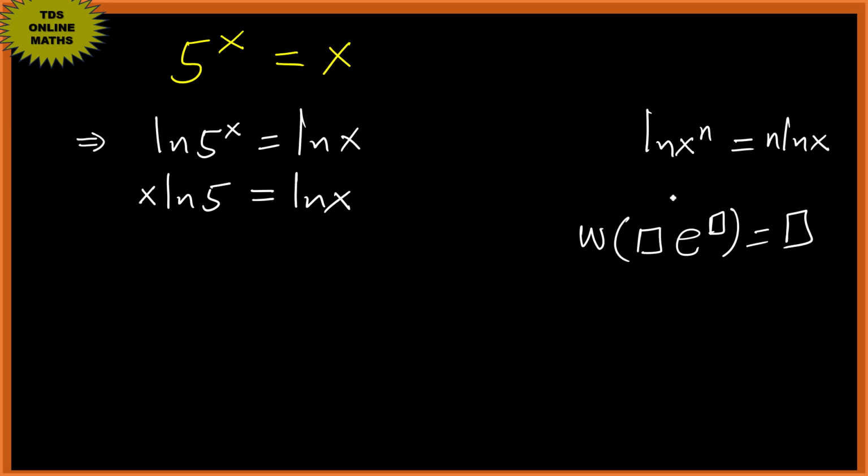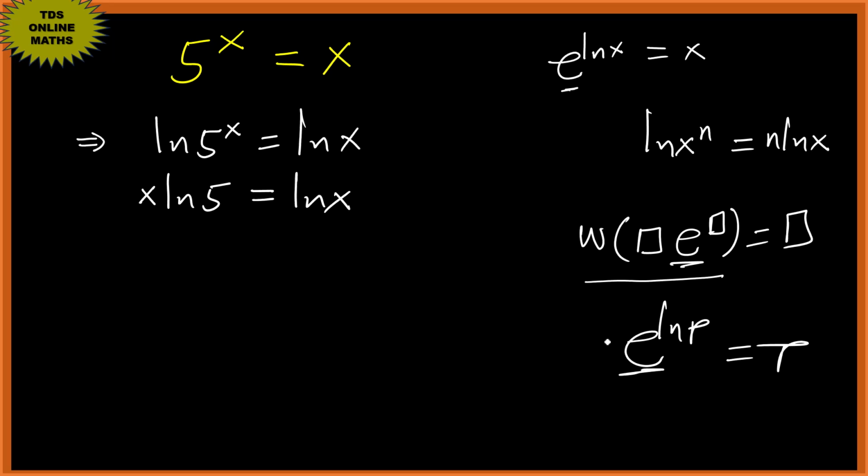Before we can apply it, we need to introduce the e here. Anytime e is raised to the natural log of, let's say, x, the answer becomes x. So e raised to the power ln of p is equal to p.